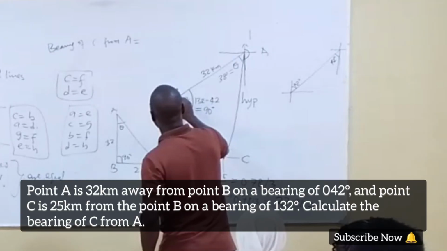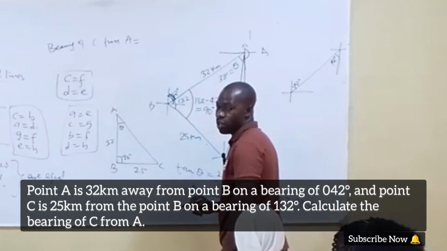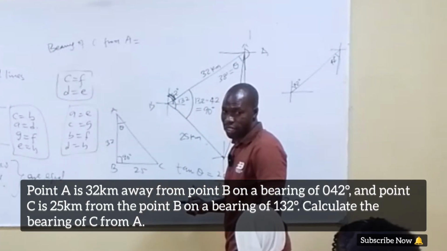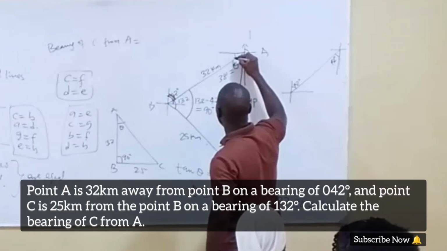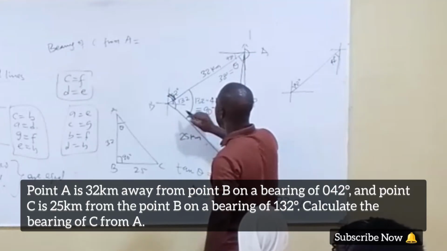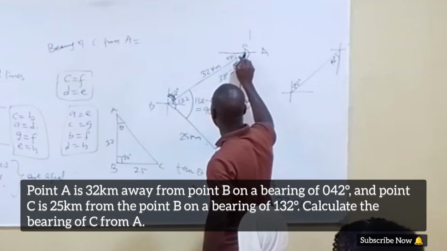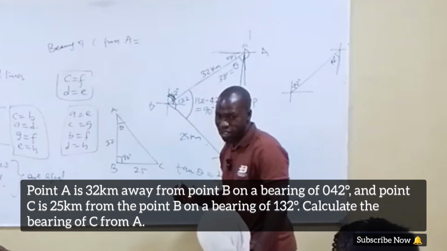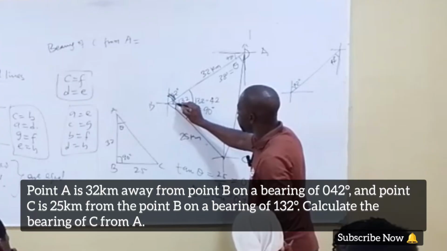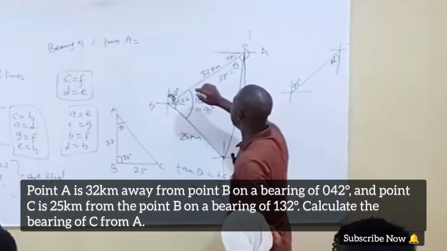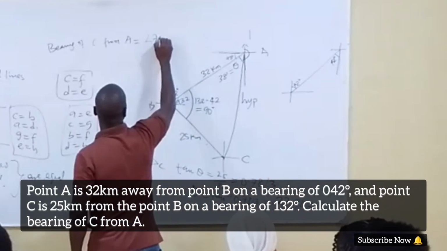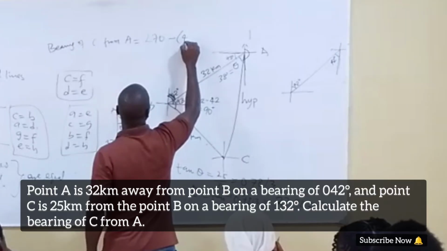The remaining part of this angle is going to be 48, since 90 minus 38 is 52... so if that's 48, this angle is 48 too. Isn't it? Alternate angle. This is 48. So 270 minus 48 plus theta.